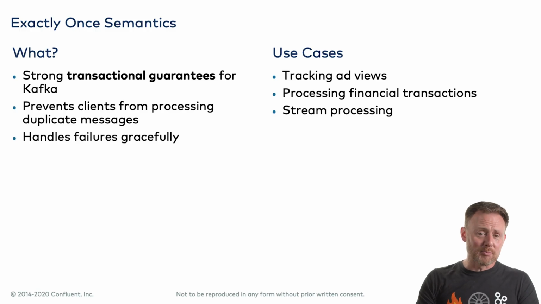Now, Kafka has provided this since about the spring of 2017. That's Kafka 0.11. So it's been a while now. Now, you may bump into people, and maybe you're one of these people yourself, who think that this is impossible in distributed messaging. There's this robust computer science result called the atomic broadcast problem that proves that exactly once is impossible.